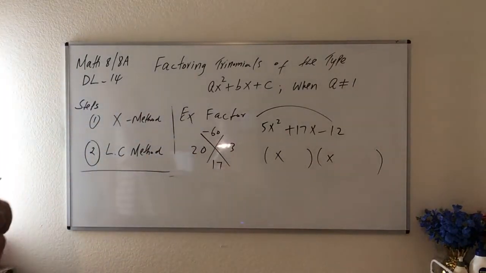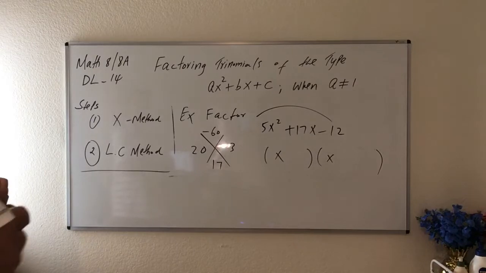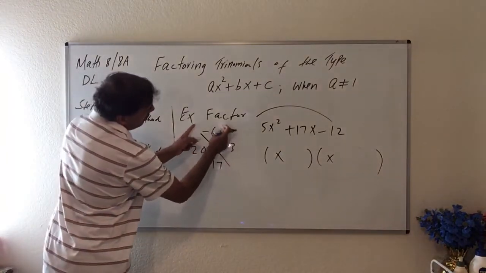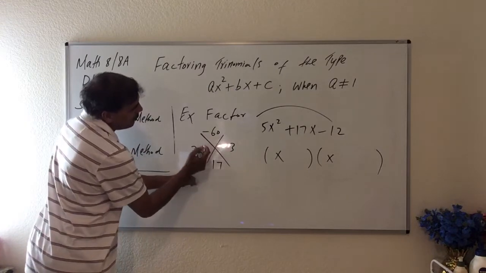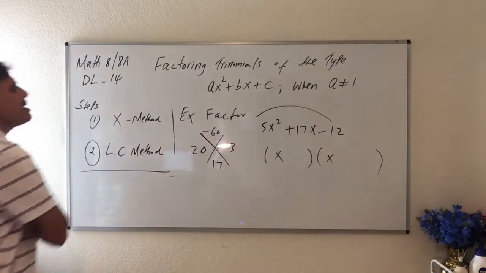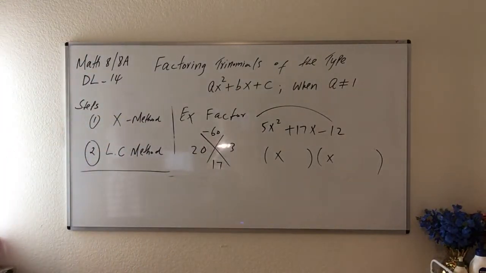But we need positive 17 and negative 60. When you multiply, it gives us negative 60, and when you add, it gives us positive 17. So this means this number must be negative. Now look, 20 times negative 3 is negative 60, and 20 plus negative 3 is 17.